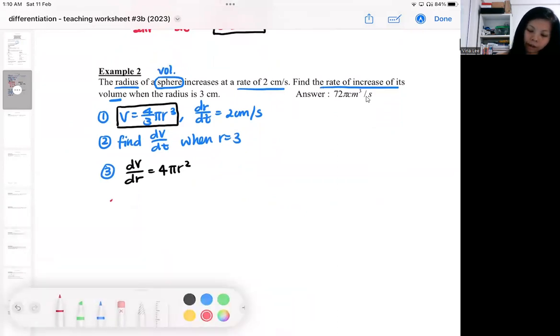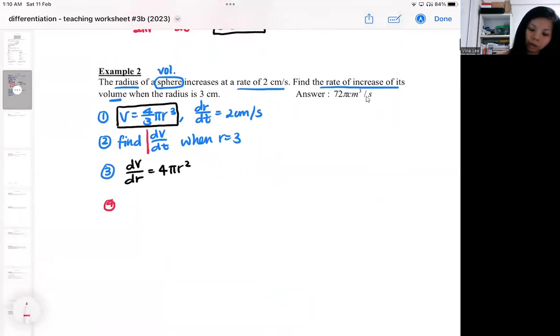And then your fourth step will be to get a formula here. This one can be a generic formula for volume. So in this case, it will be dV/dr times dr/dt.